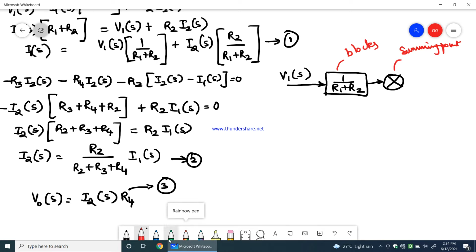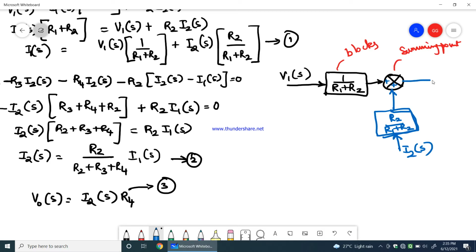Okay, I will add this block with another term, where I will have a block R2 by R1 plus R2, and the parameter that gets multiplied with this R2 by R1 plus R2 is I2 of S. So this is plus, this is plus.